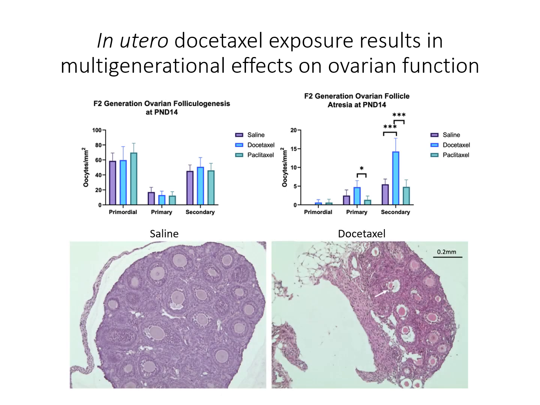And again, here, I hope you can appreciate these histology images showing that there is indeed this very obvious follicle atresia in the docetaxel group. Again, these are the granddaughters of the mouse that was originally exposed to chemotherapy, which was a really exciting and somewhat surprising effect that we observed.